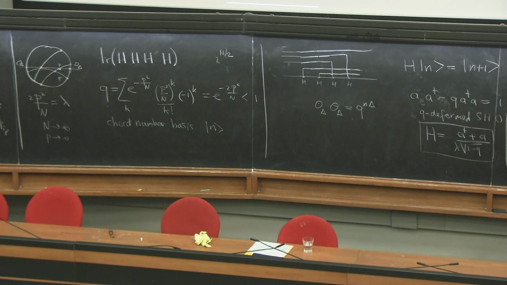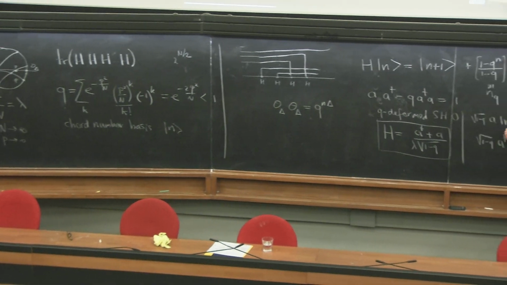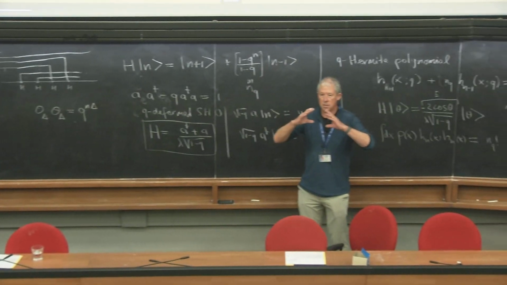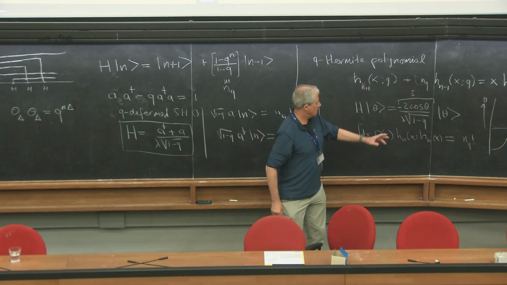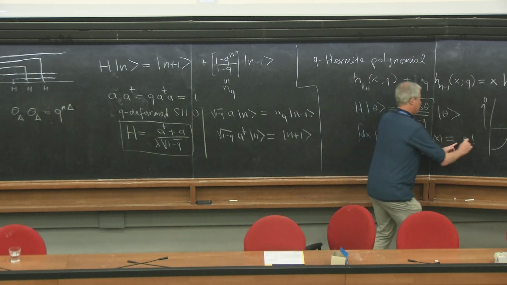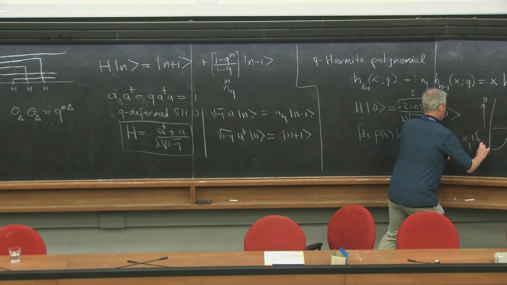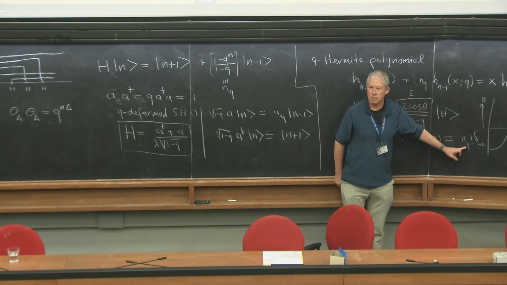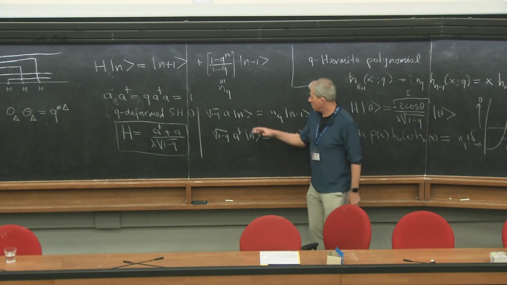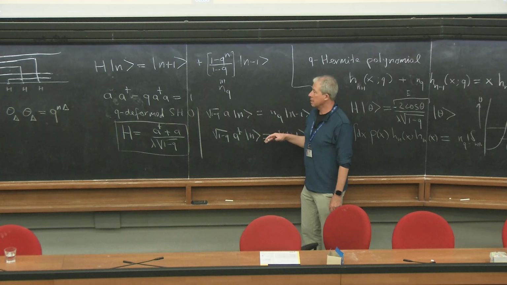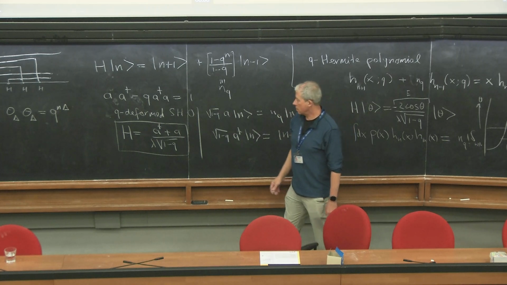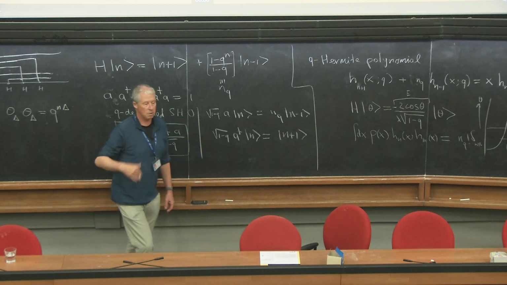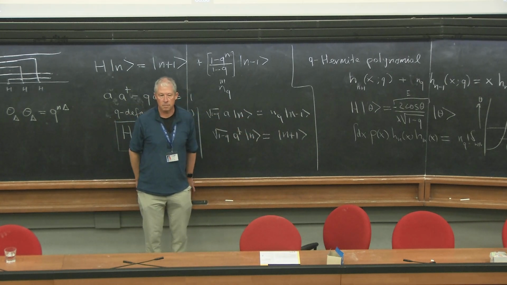So the only unusual thing relative to the usual harmonic oscillator is that this n basis is not normalized to 1. The inner product of n and m is not delta nm, but it's delta nm times, actually, I should have written that down here, this n factorial. So this n factorial leads to this slight asymmetry, but this is sort of a more natural place to jump in from the point of view of the chords. So for the q-deformed harmonic oscillators, you might have labeled these states slightly differently.